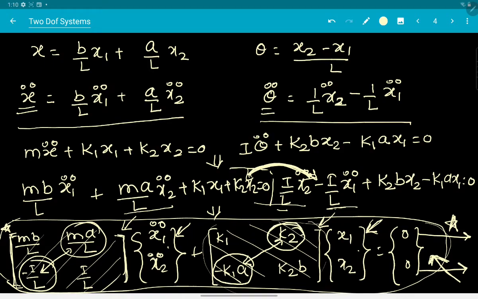Had these terms been zeros, you would not have obtained any coupling between x1 and x2. Then the first equation would have been solely dependent on x1, and the second solely dependent on x2. However, that is not happening, because non-zero values are sitting here, responsible for coupling between x1 and x2. Similarly, certain terms in the mass matrix are responsible for coupling between x1 double dot and x2 double dot.